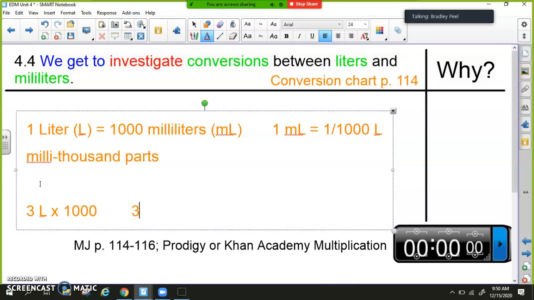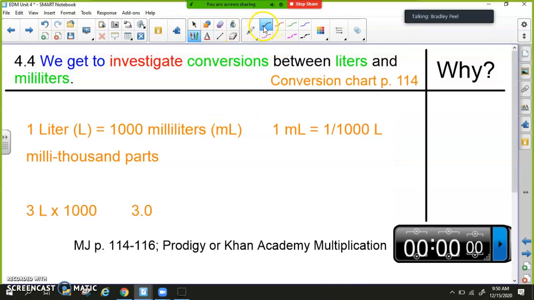Okay, and remember, we can think of this with the decimal place. When you're multiplying by 1,000, because there's 3 place values here, 1, 2, 3, I think previously what we had thought is multiplying and placing those 3 zeros at the end.